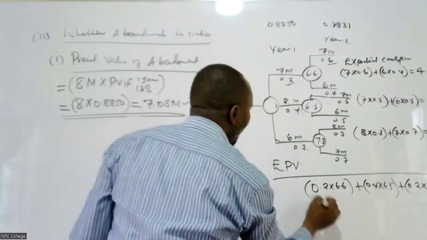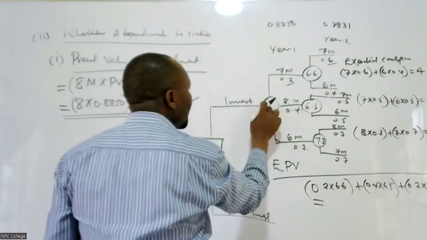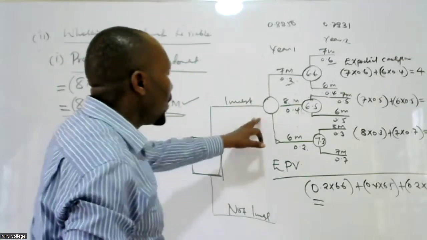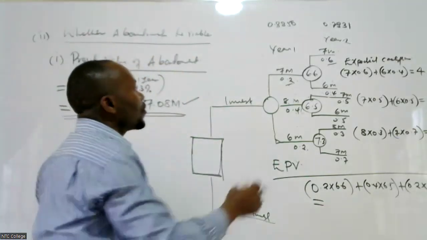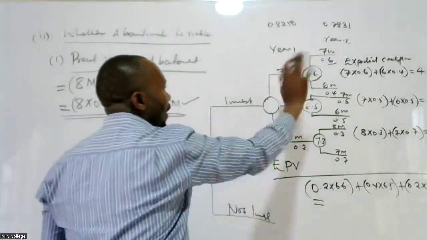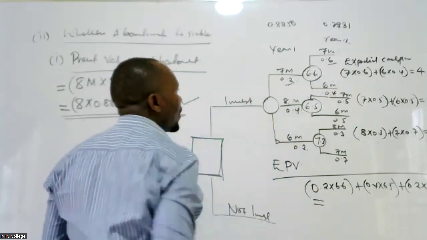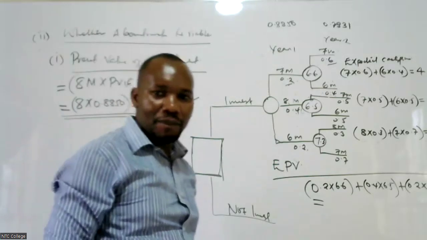The total here. What are we getting here? For investment, for us to invest, what are we getting here? What are you getting for this three? We go back to year 2 only, and leave year 1 alone. What are we getting there? 6.84.